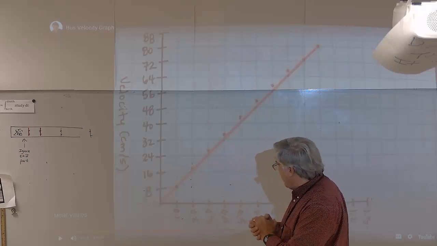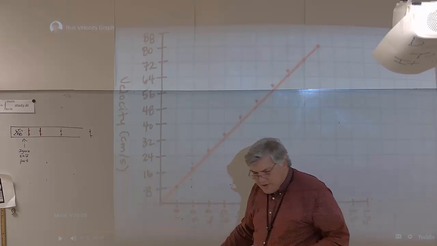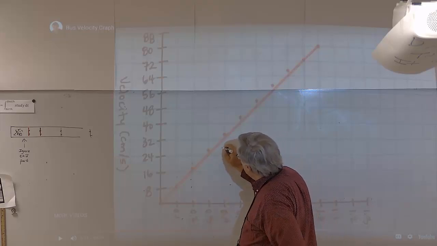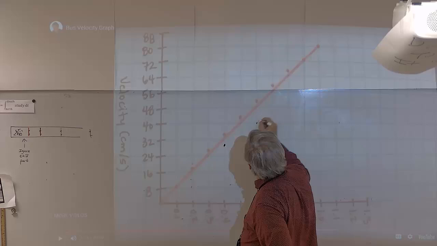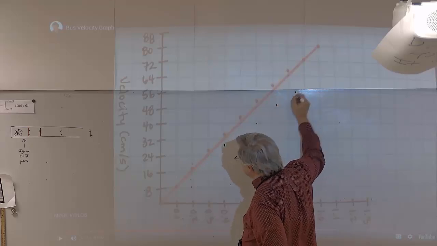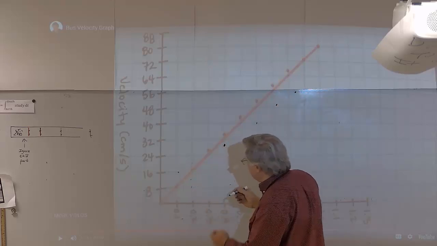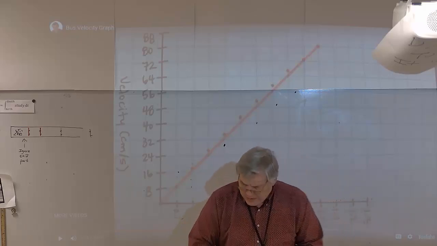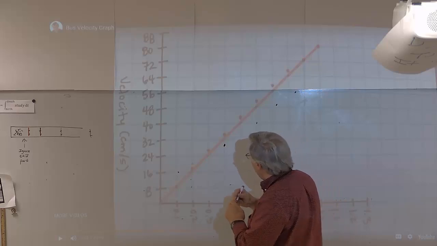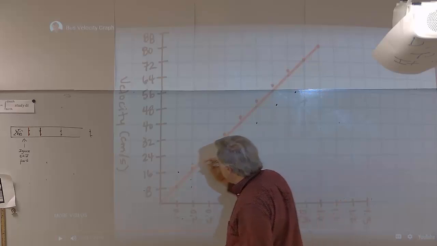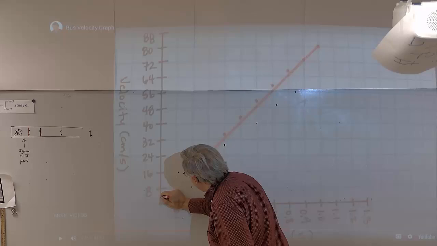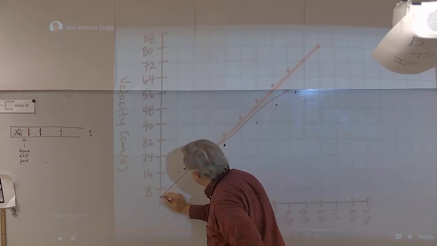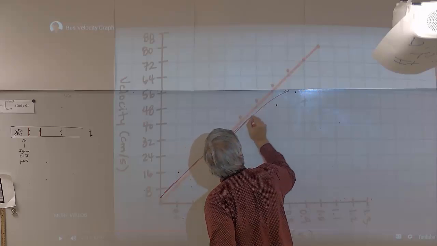And the result of that is that your data may not line up exactly the same way. So I'm going to add some extra data here to try and show you something. Let's pretend that these data points that I added on here are the same data here, and we get an average line that looks like this. Wow, that's not very straight, is it? Let's pretend also that I can draw a straight line.